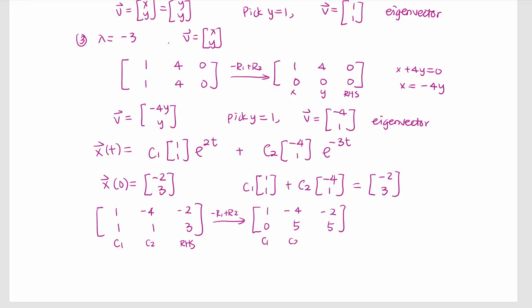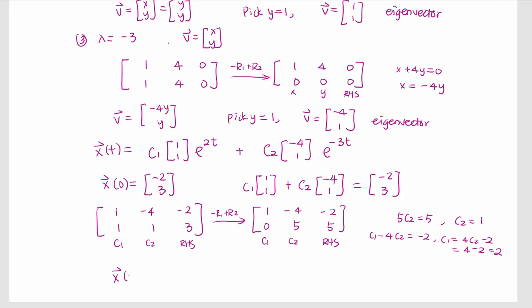So this is C1, C2, this is right-hand side. Oh, 5 C2 is 5. What is C2? 1. And then C1 minus 4 C2 is negative 2. Then C1 is 4 C2 minus 2, which is 4 minus 2, which is 2.